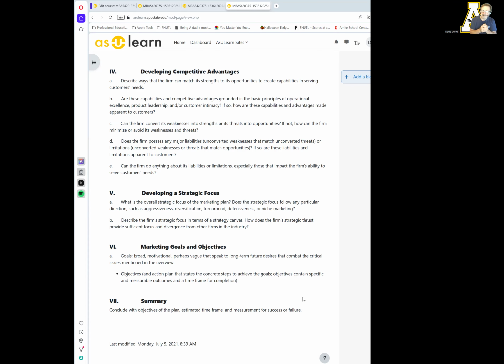And then finally, our goals. Our goals are broad, they're motivational, they may be vague, such as being number one in the industry in the next 5 years. But the objectives in the marketing plan are the concrete goals to achieve those steps. Objectives are specific and measurable outcomes, and there is a time frame for completion.